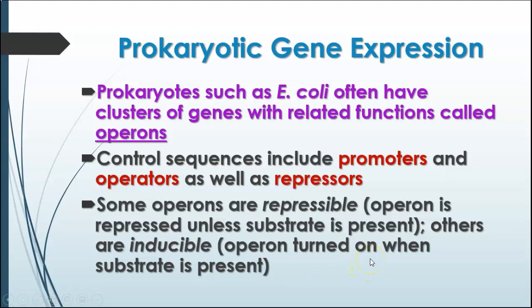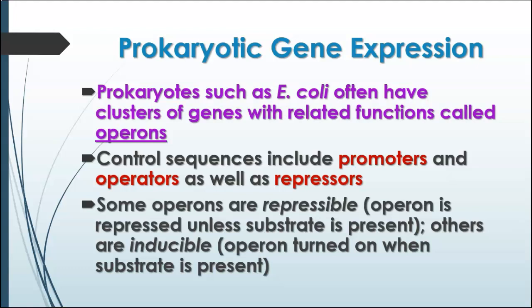So it's been studied a lot in bacteria like E. coli, and what they found, when they first discovered this back in the 1960s, was that E. coli often has clusters of genes, and other bacteria as well, that have related functions, and they call this cluster of genes an operon. The operon, for instance, might have genes for all of the different molecules that are needed to make a particular kind of enzyme or a particular kind of product.